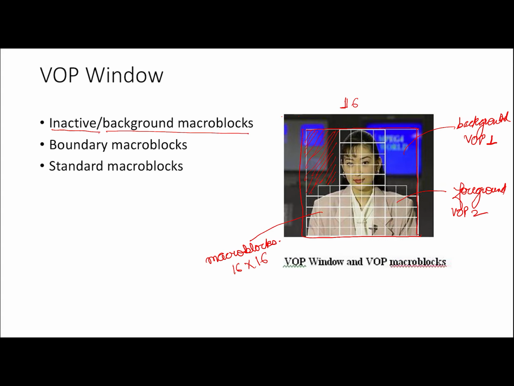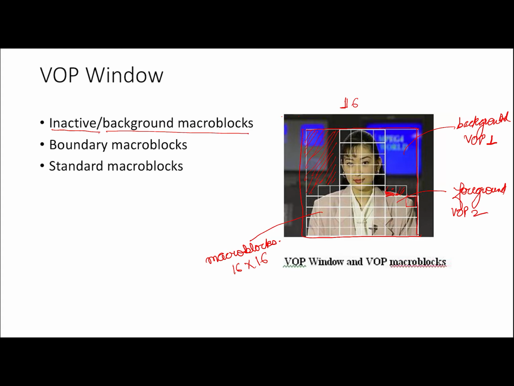Macro blocks which partly belong to the VOP. So if we see this macro block, it contains both foreground information and background information. This also has a small foreground part and a background part, and similarly this.